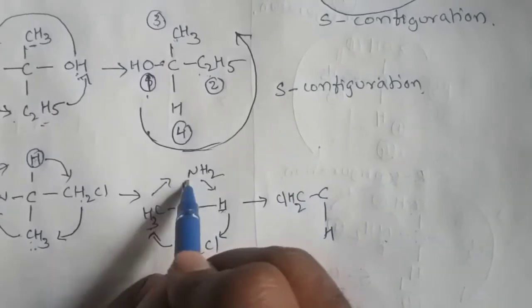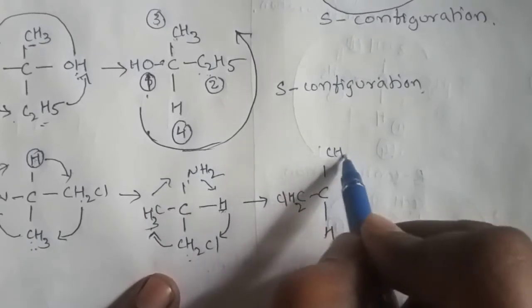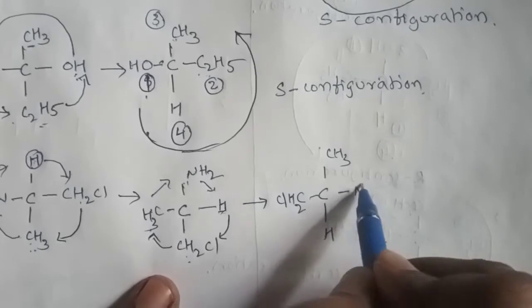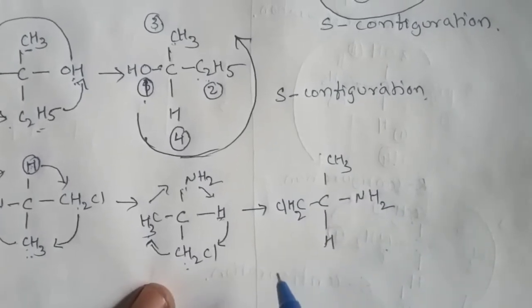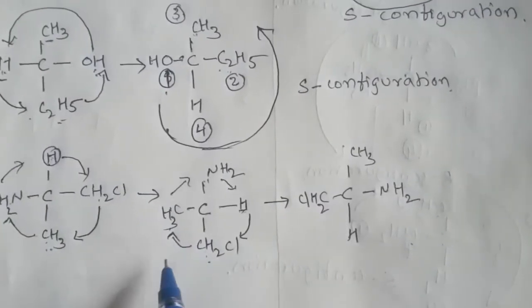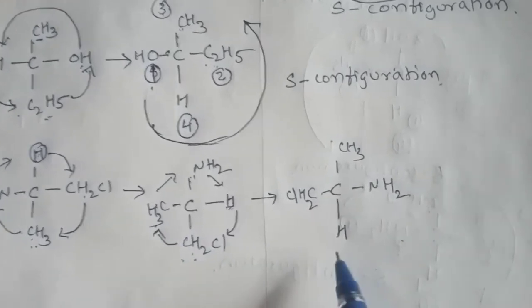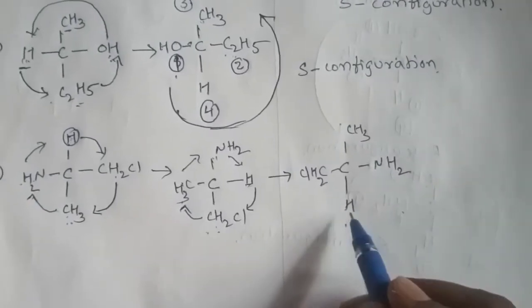This group shifted to here, it comes CH3. This group shifted to here, this is NH2. So here you get two rotations, first rotation and second rotation. You should see that hydrogen should come at the bottom.